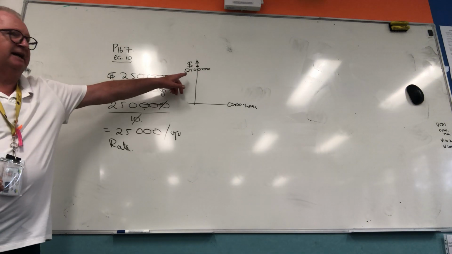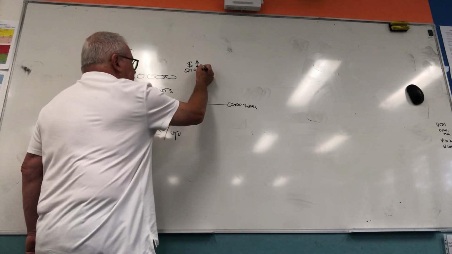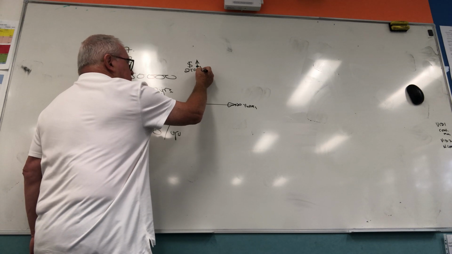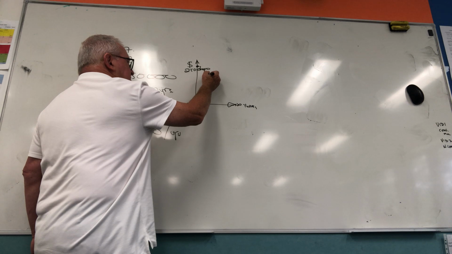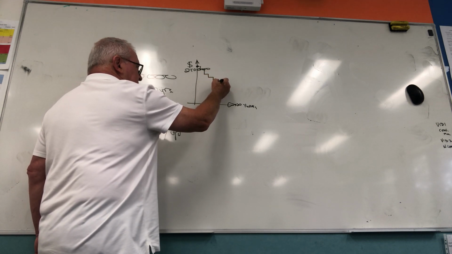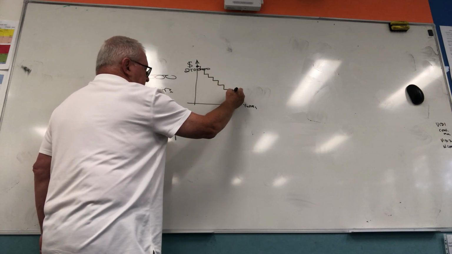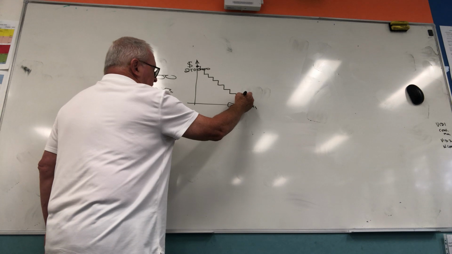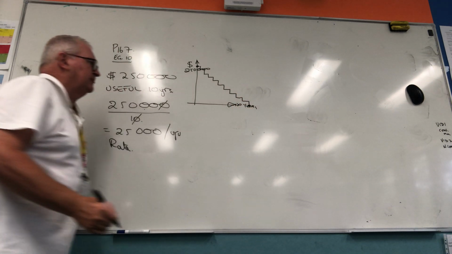So that's where it starts. Every time you go across 1 year, it drops $25,000. Another year, $25,000. Third year, fourth year, fifth year, sixth, seventh, eighth, ninth year, $25,000 each. By the 10th year, it's down to zero.